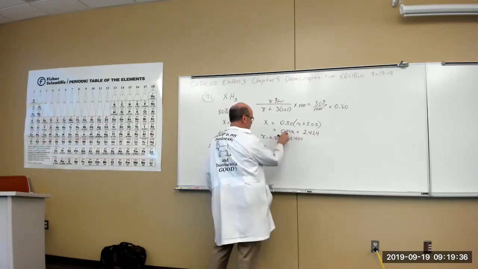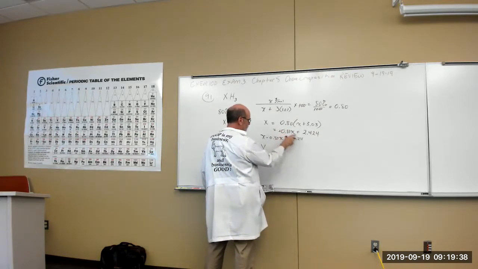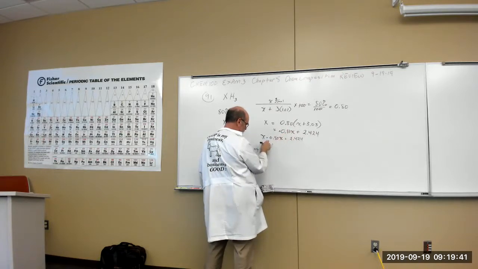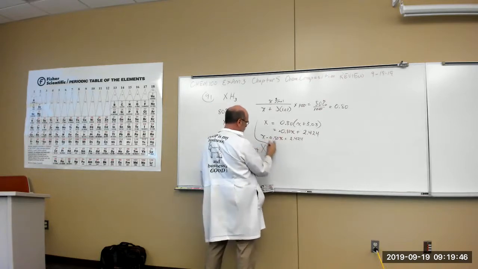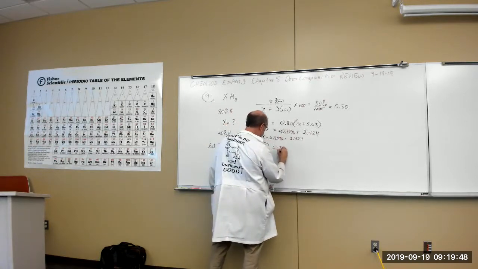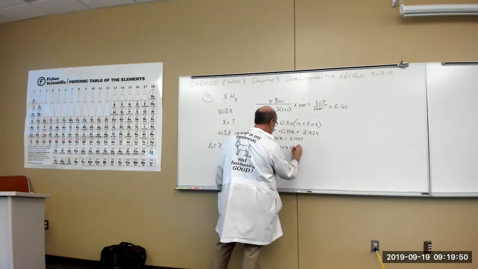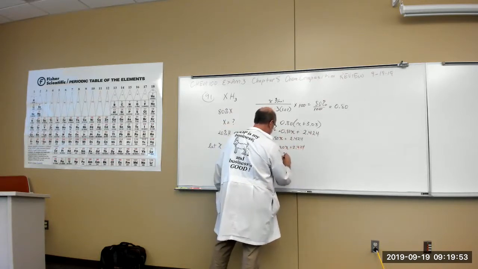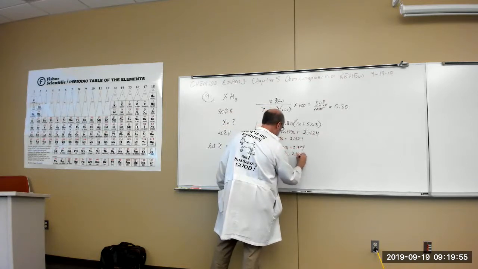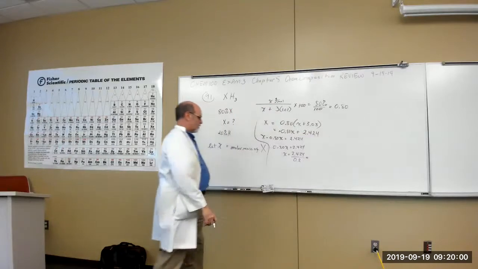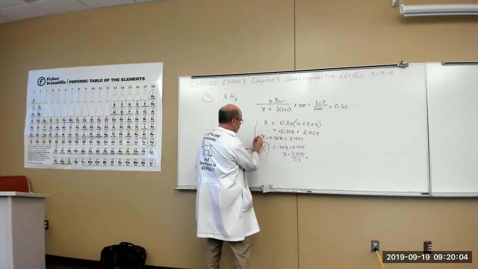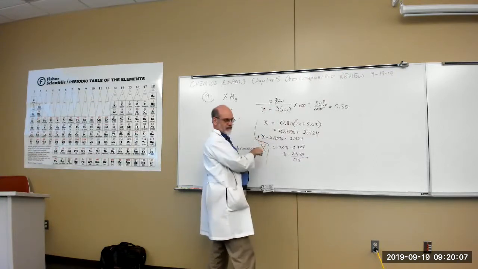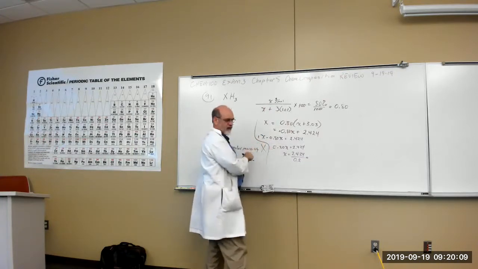So this positive comes over here as a negative. And then this would be 0.2, right? X equals 2.424 divided by 0.2. So where did you get the 42? 1 minus 0.8 is 0.2X.